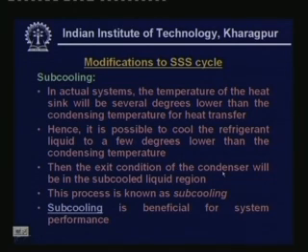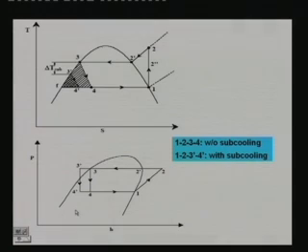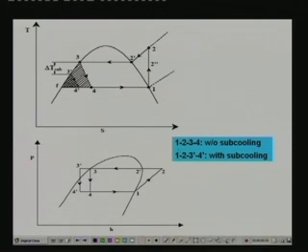Let us look at what the effects of subcooling on system performance are. Here, cycle 1, 2, 3, 4 is without subcooling. You can see that the exit condition of the condenser lies on the saturated liquid line.